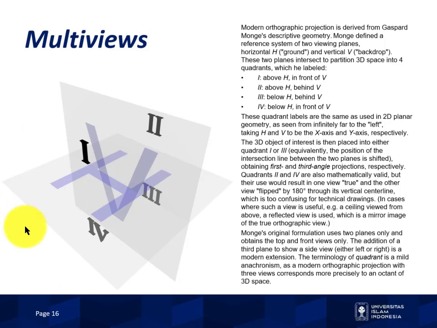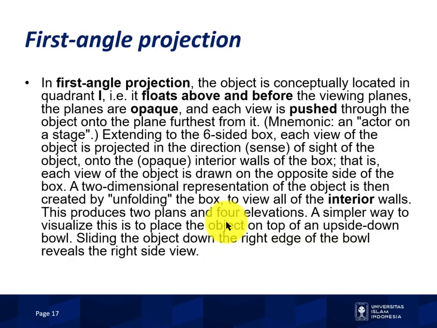The addition of a third plane to show a side view, either left or right, is a modern extension. The terminology of quadrant is a mild anachronism, as a modern orthographic projection with three views corresponds more precisely to an octant of 3D space.